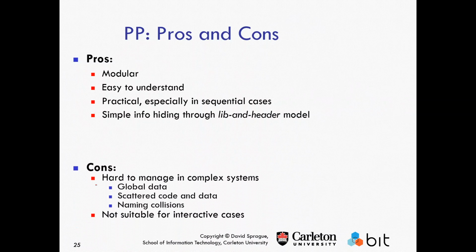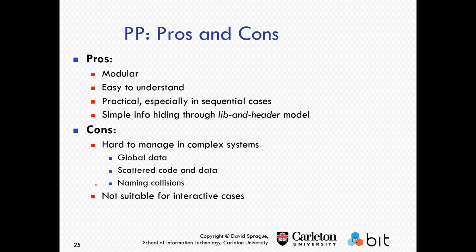You put stuff that you don't want other people to read in some other file, but that still doesn't help you that much. The cons are for really, really big systems, especially systems where the data has to talk amongst itself, go to different modules, do different things. It really doesn't work well. It works fine for server side code some of the time, but for a graphic user interface, this is ridiculous.